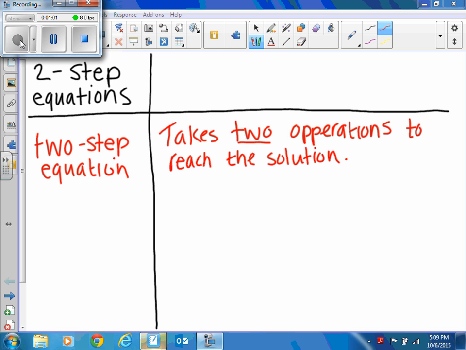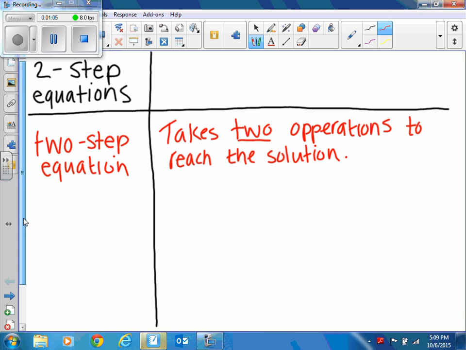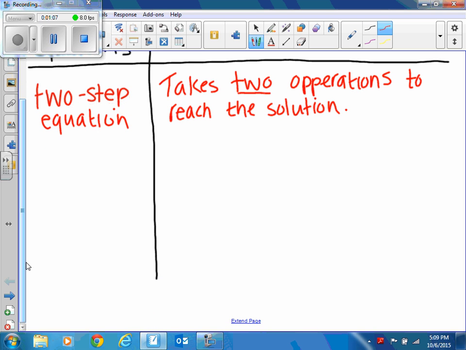Many of the processes are going to be the same as what we did before. We're just going to add in an extra step. Instead of one step to reach the solution, it's going to take two.